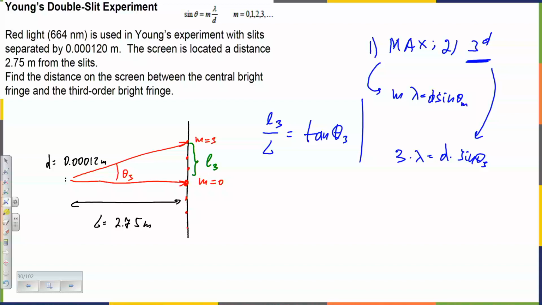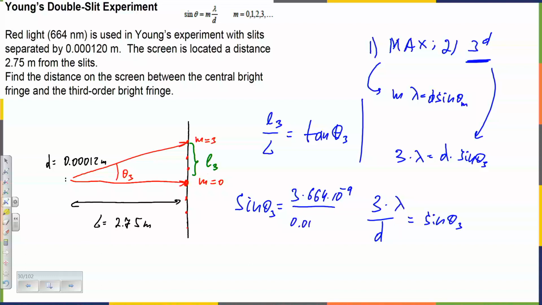Now, what else do we know? Well, we know the wavelength and we know the distance between the slits. So this will be equal to 3 times 664 nanometers divided by 0.00012.